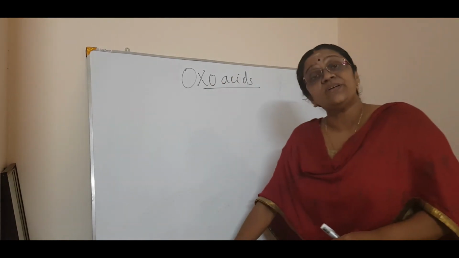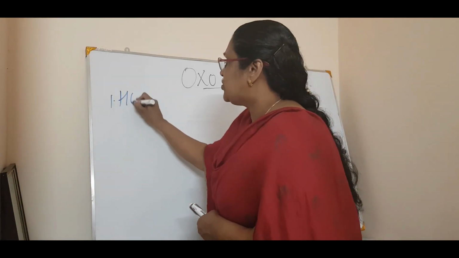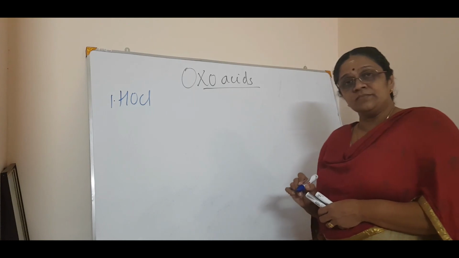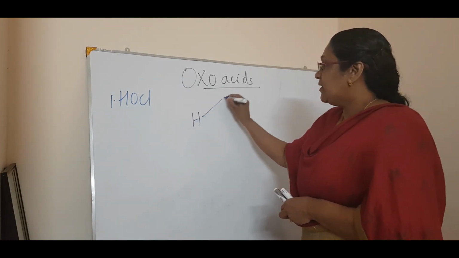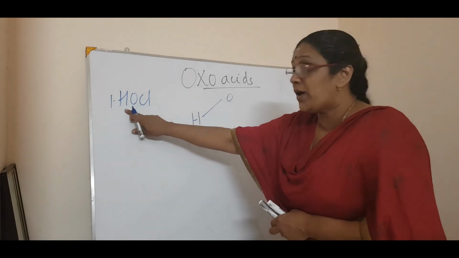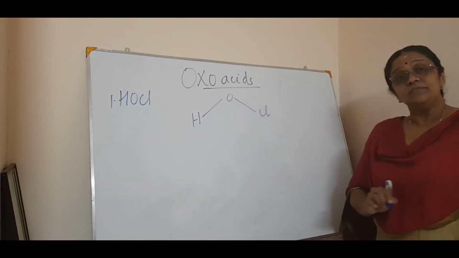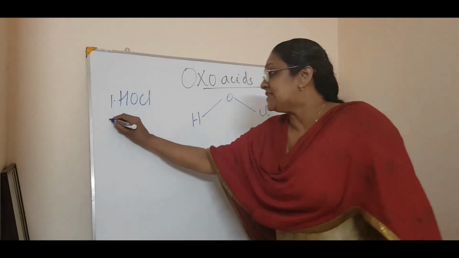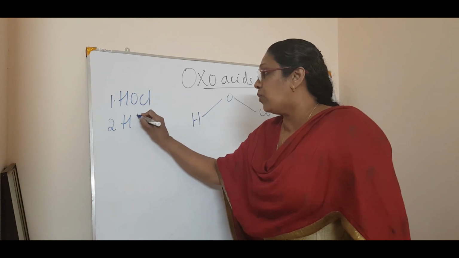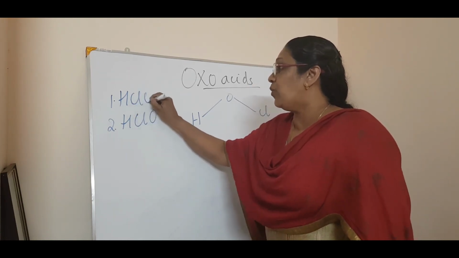The first one is also very simple. The first one is HOCl, hypochlorous acid. It is simple. See, you write it like what you are writing. HOCl. See, simple. Now the second is HClO.